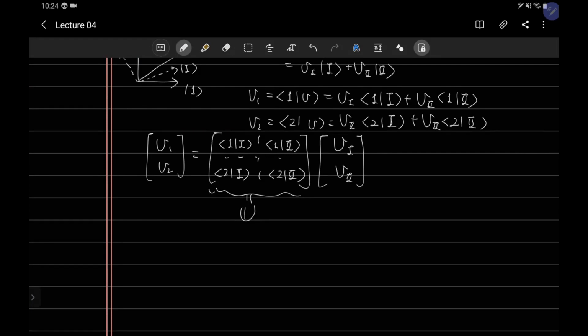Then the 1 2 component of this one is this, which means 1 and Roman numeral 2. And generally, if I'm looking for some ij component, the i-th row and j-th column component, it should be something like i and j in Roman numeral form.